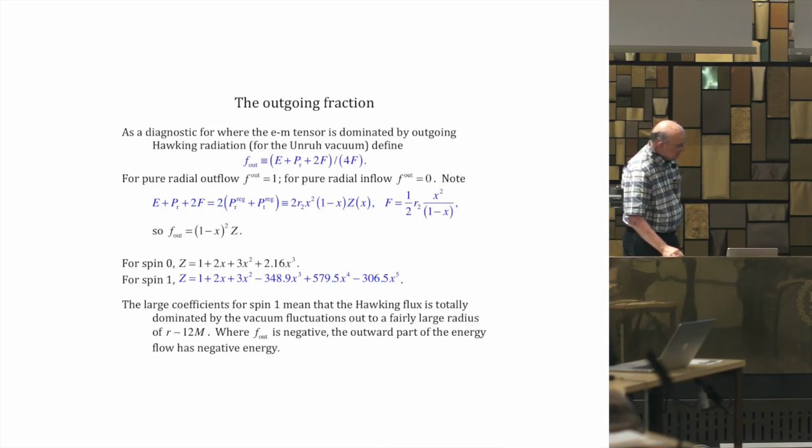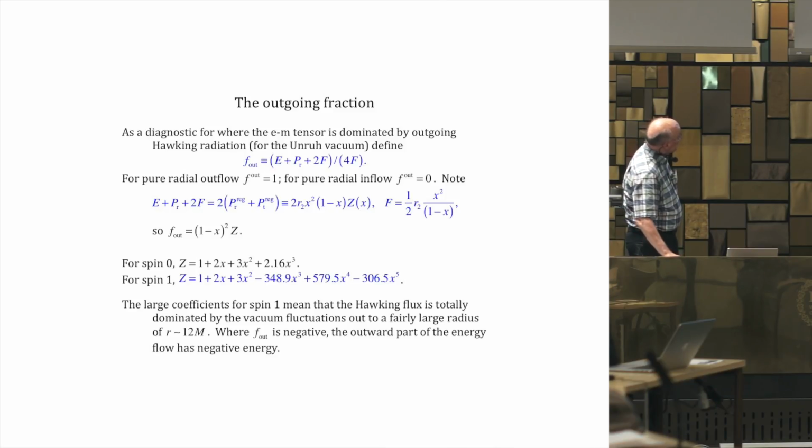And of course, the reason for that is that on the horizon, in the static frame, we can't really have outgoing radiation. But we can have ingoing radiation, and the ingoing radiation in the static frame is infinitely redshifted.